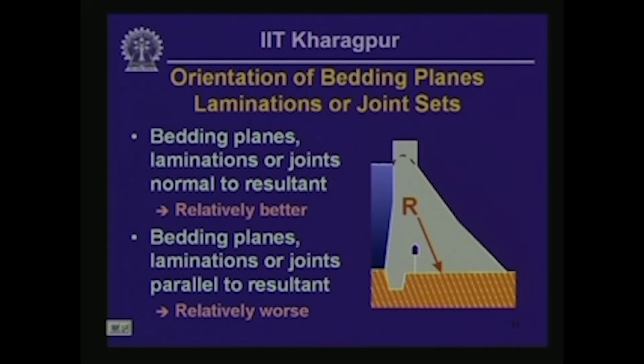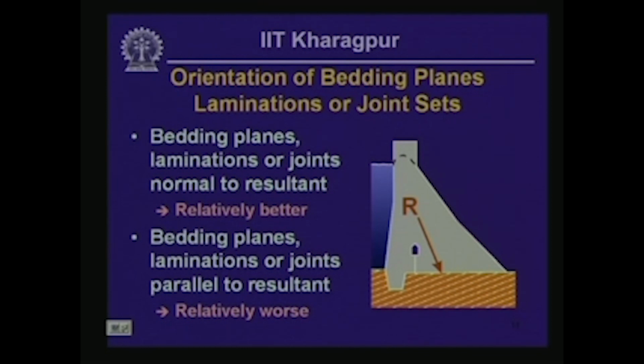It is obvious that this type of loading with respect to the direction of the jointing of the rock is going to be the worst possible scenario, whereas in this particular case the planes of the joints are roughly perpendicular to the direction of the resultant.